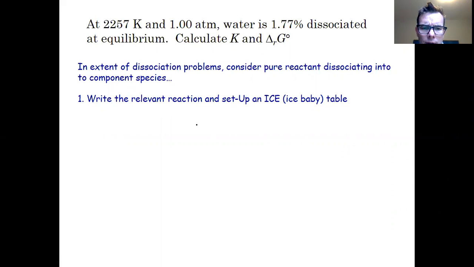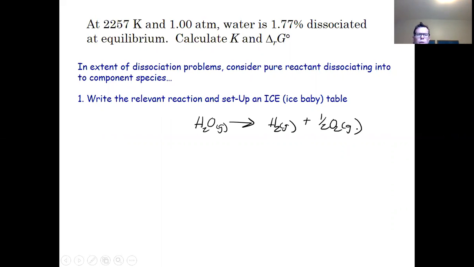So here's the reaction. I'm going to take H2O gas, water, which is going to dissociate into its component species. One thing I want to emphasize is that when you write reactions for extensive dissociation problems, you should write this for 1 mole of reactant.